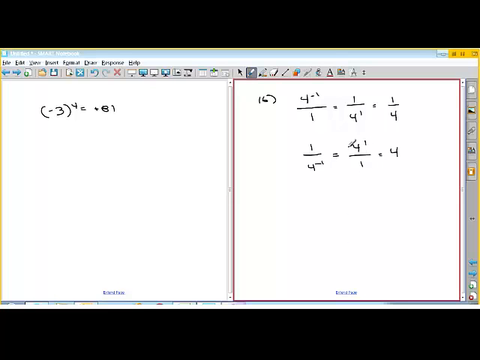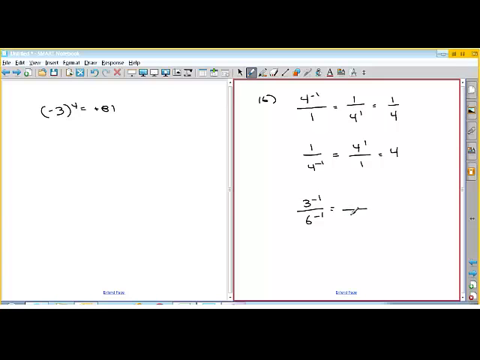So notice I have to have this intermediate step. If I just showed this and put a number, I obviously either am very smart or I don't know what I'm doing. So I always want to make this a positive exponent. Here's another example. 3 to the minus 1 divided by 6 to the minus 1 power. I can't evaluate that. I have to rewrite this so that this becomes a positive exponent.